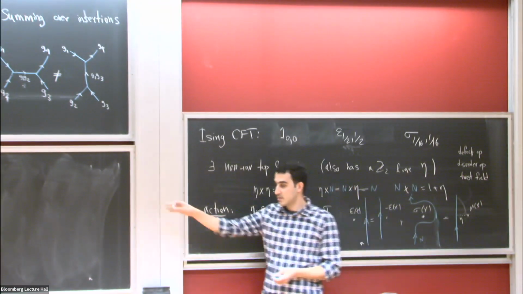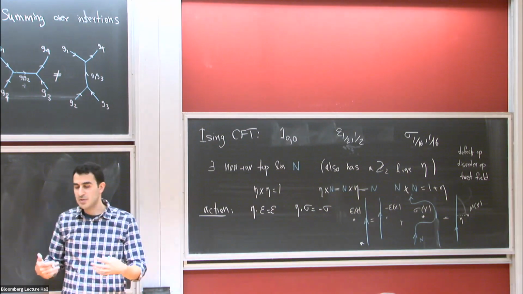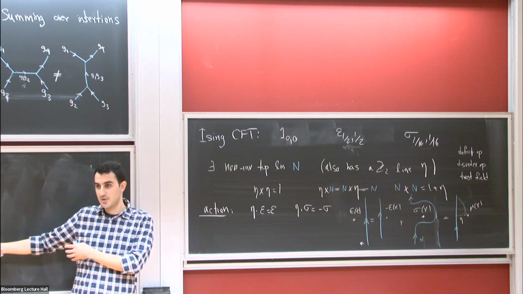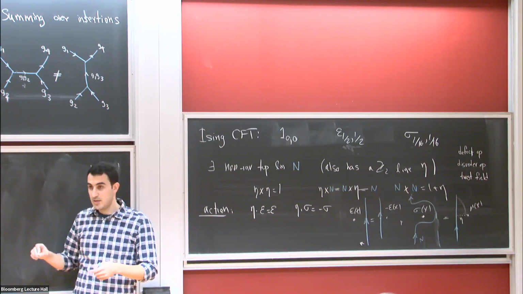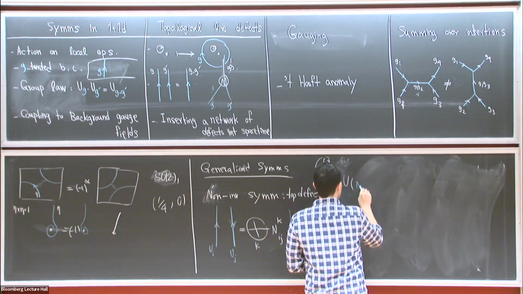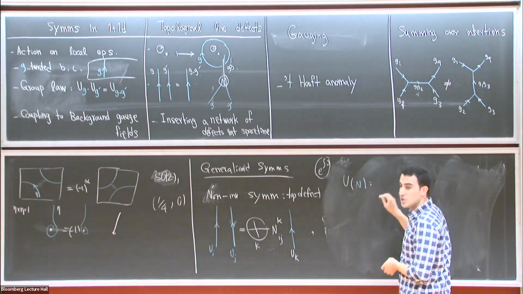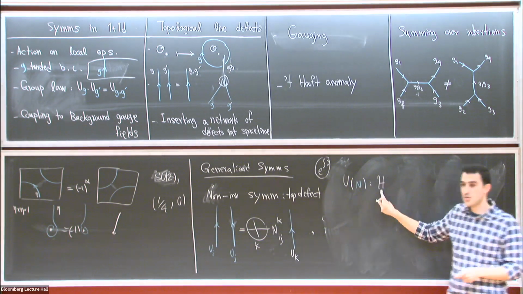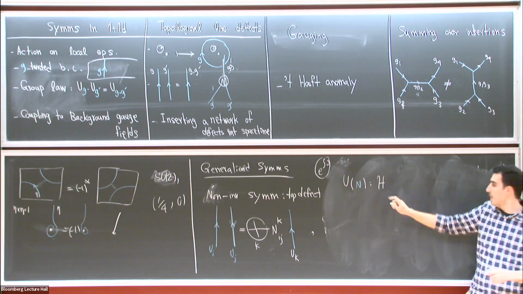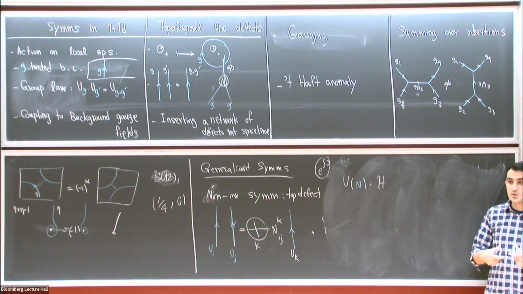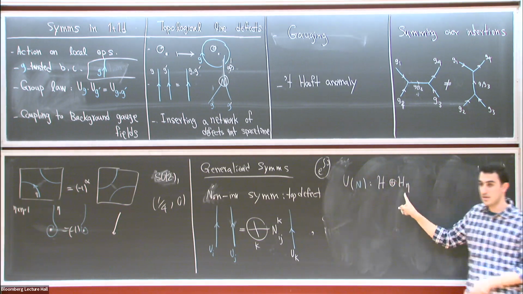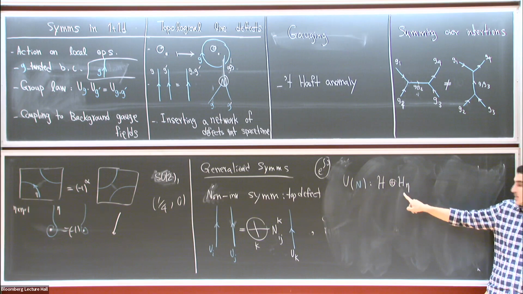It turns out, and that's what I want to say, that a non-invertible symmetry has an action that can map a local operator into a non-local or defect operator, and vice versa. So let me say what the equation for this is. There is an operator U of N, which not only acts on, let's say, H, using state operator correspondence, where H is just the circular Hilbert space of the CFT, but I also have operators in the Z2 twisted sector, and they correspond to the twisted Hilbert space by this line eta. So H of eta is just the twisted Hilbert space.